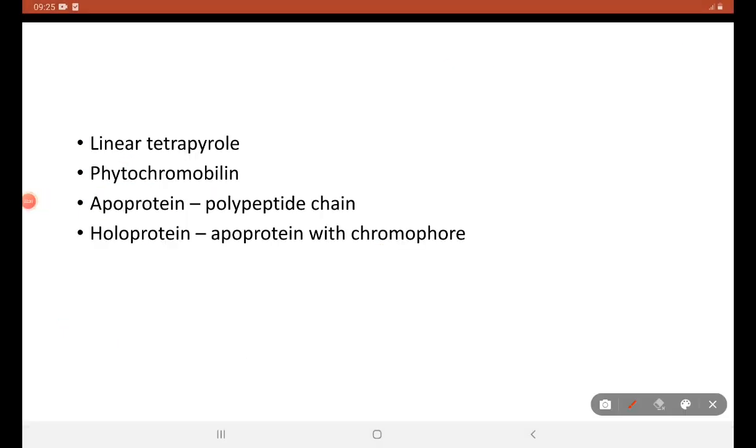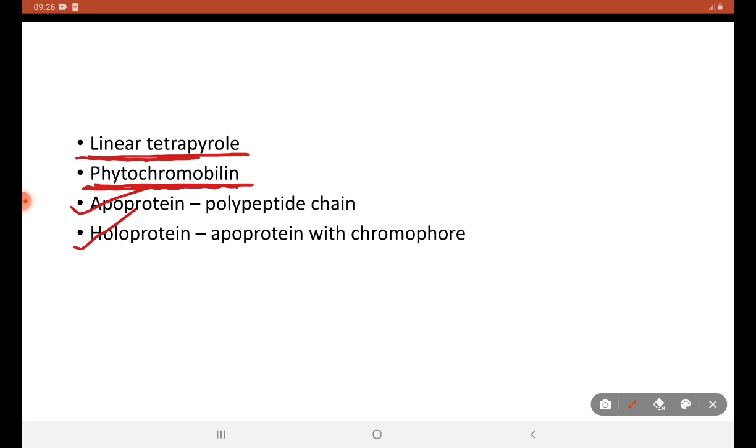Next we are going to see about phytochromobilin. This is the chromophore attached with phytochrome. It is a linear tetrapyrrole ring. Phytochrome has two components, that is apoprotein and holoprotein.